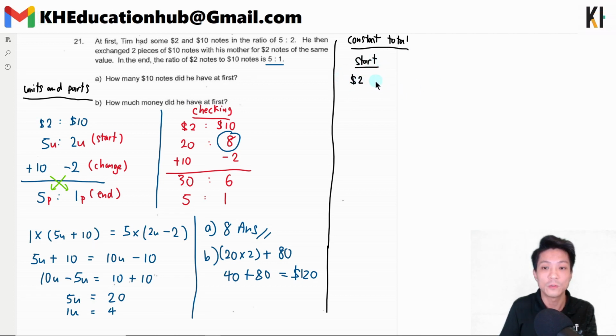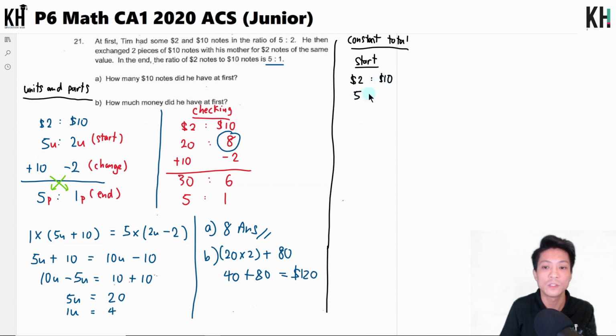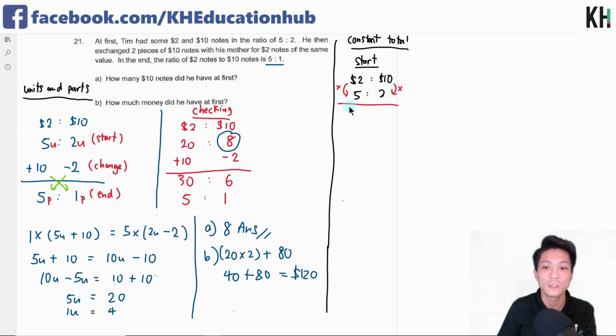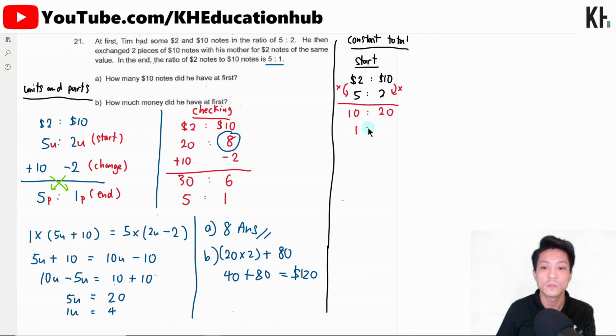The ratio of the $2 notes to the $10 notes is 5:2. So what you can do is multiply these two ratio. It's gonna give me a 10:20. Simplest form will be 1:2.